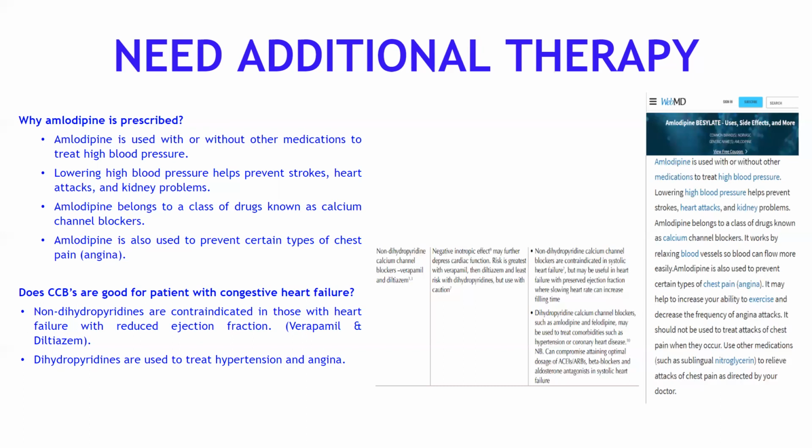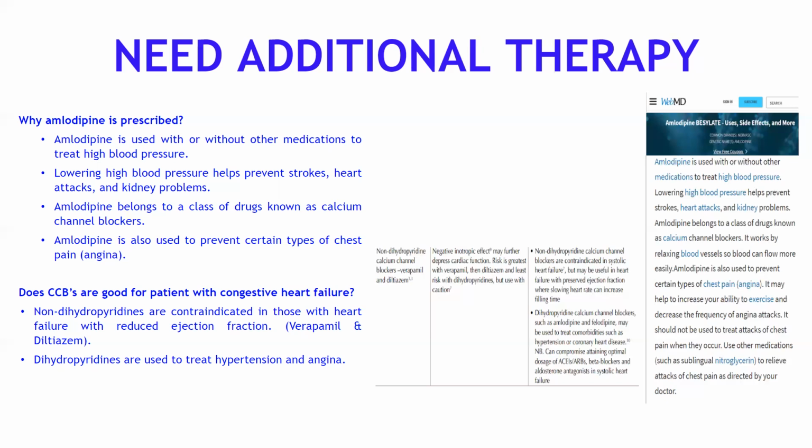Why? It's because non-dihydropyridines are contraindicated in patients with heart failure with reduced ejection fraction. So this patient must avoid verapamil and diltiazem because they are not good in congestive heart failure.